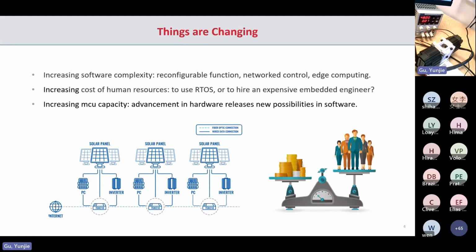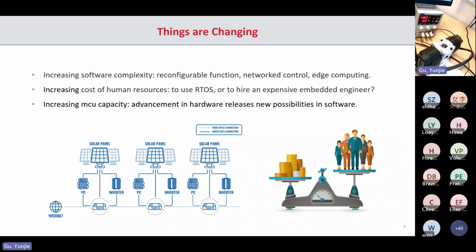And sometimes we also want to deploy edge computing on these control MCUs. So the software becomes more and more complicated. And the second reason is the embedded engineers in the power industry are getting more expensive.